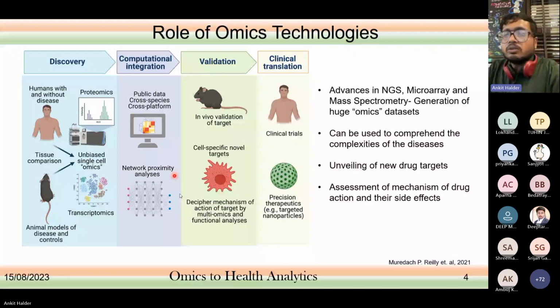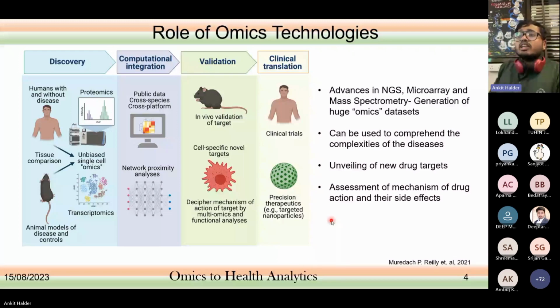Second, it will tell us whether our drug has any off-target effect on other proteins or on these particular networks. Both things are very important to understand, and multi-omics integration is helping us do that. And then, of course, we will achieve our target of precision therapeutics.